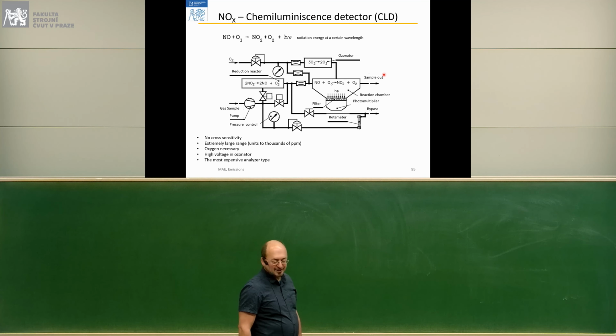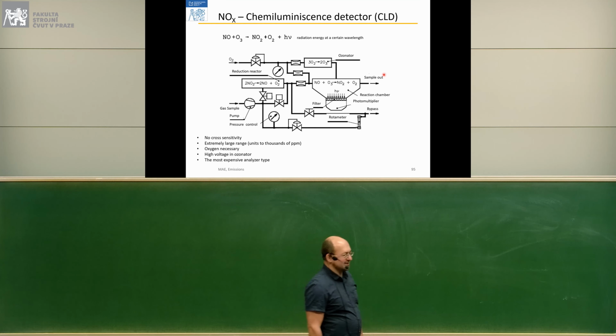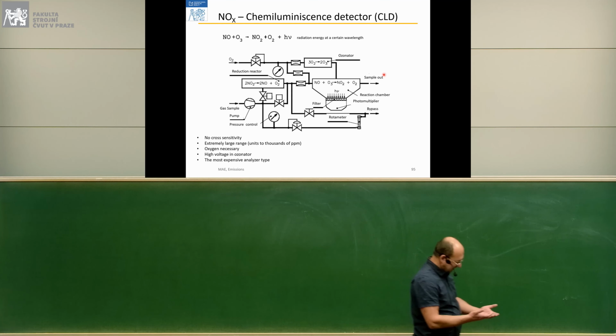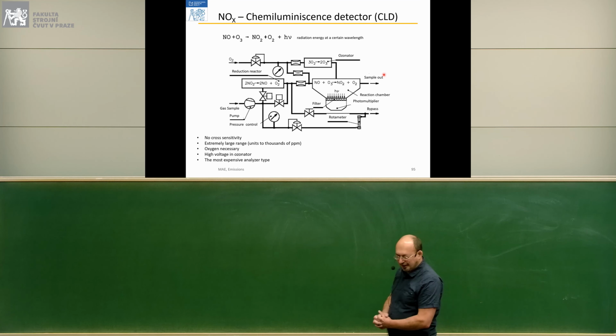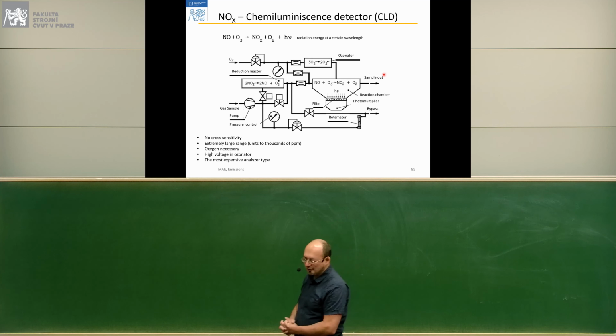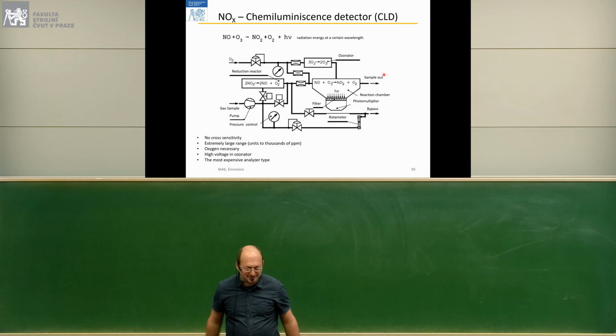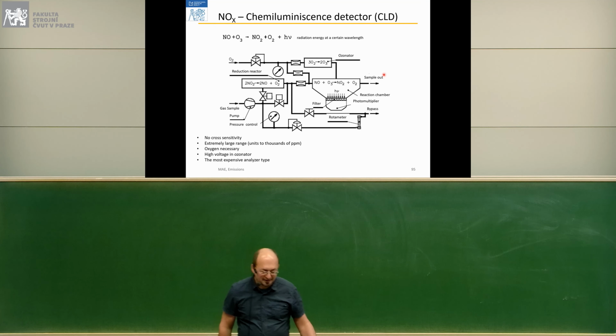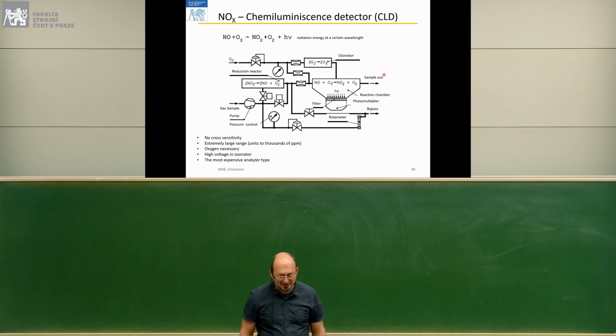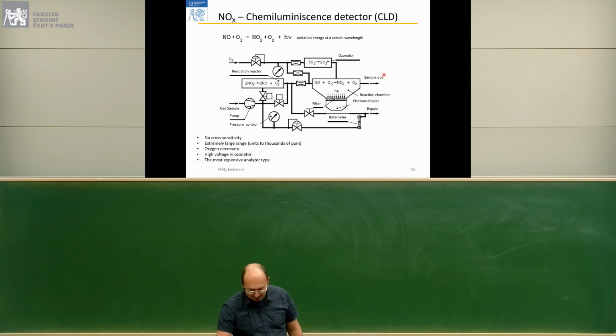Nitrogen oxides, which cannot be easily measured in infrared spectra, they can be measured in ultraviolet spectra, but the technology of ultraviolet sources is still evolving. Nitrogen oxides are typically measured with chemiluminescence detector.